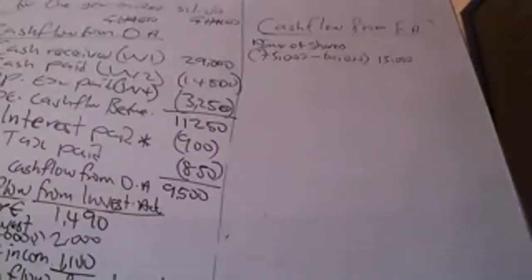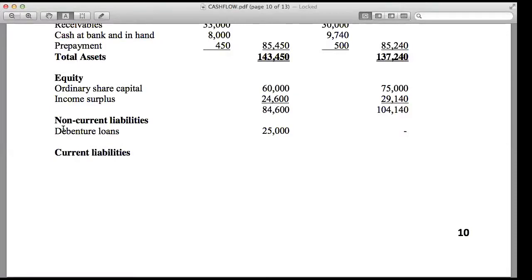Now what next? Let's go to the debenture, the non-current liability. At the start of the year, it's 25,000 cedis. At the end, it is nil, which means all the debentures were what? Redeemed or paid during the year.